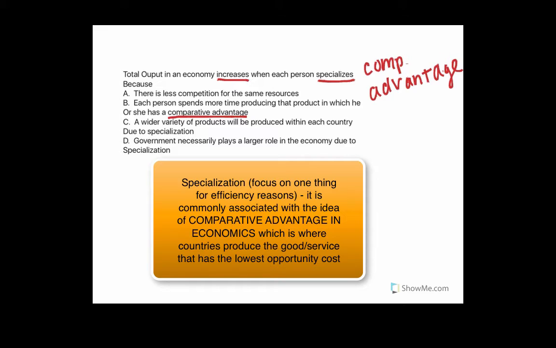We're producing according to our comparative advantage and whatever we have a lower opportunity cost in, not whatever the government is telling us to create. So the answer is B. Each person spends more time producing the product in which he or she has a comparative advantage. And once again, this just means that they're producing according to whatever they have the lowest opportunity cost in.